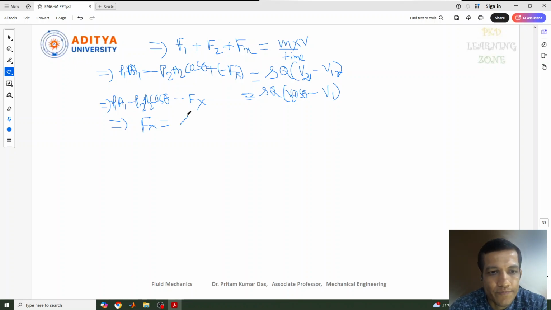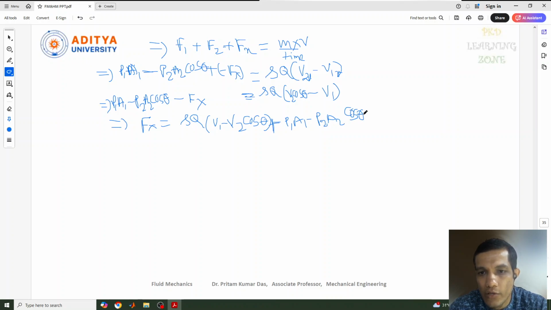Fx equals rho Q, taking the minus term common and multiplying, so v1 minus v2 cos theta, plus P1 A1 minus P2 A2 cos theta.